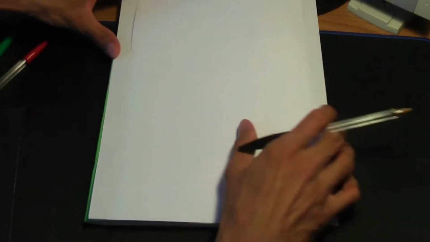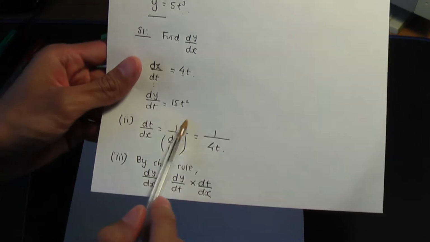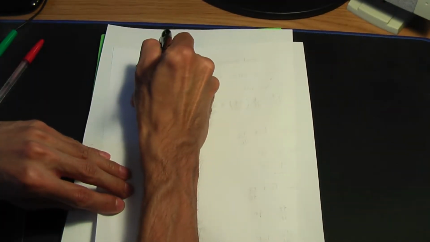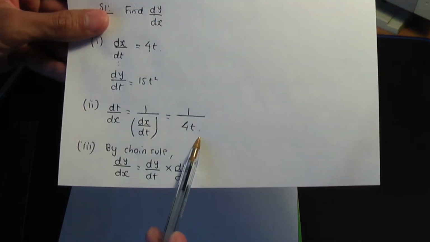So let me continue on the reverse. So dy over dx, that is equal to, so dy by dt, that's 15t squared. So let's note that, 15t squared times dt over dx, we calculated that here, 1 over 4t.